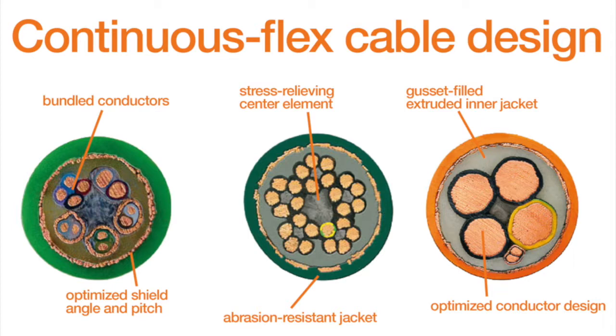So the fifth design aspect is the abrasion resistant jacket. We want a jacket material that's abrasion resistant simply because we want to make sure that if there are other cables and hoses running inside, we don't run into the failure that we saw earlier in the presentation, as well as we're not exactly always sure what type of cable carrier the cable is going to be inserted into.